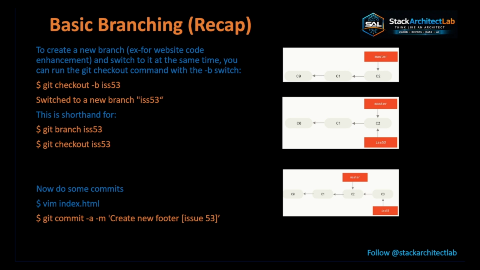So let's first start with our basic branching concept. As we discussed earlier, whenever you create any branch, you see something like this, and the master branch you see. In this example, say for example, in an organization you are working on some website development, and the main production code is lying in the master branch, and some new requirement comes to change the footer.